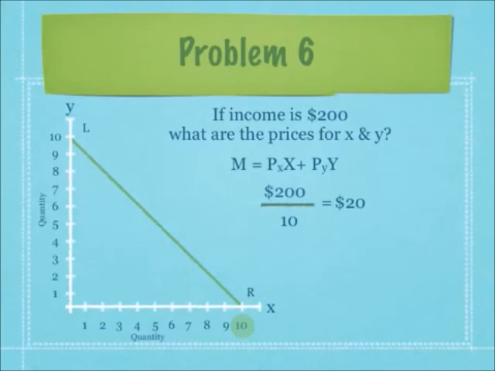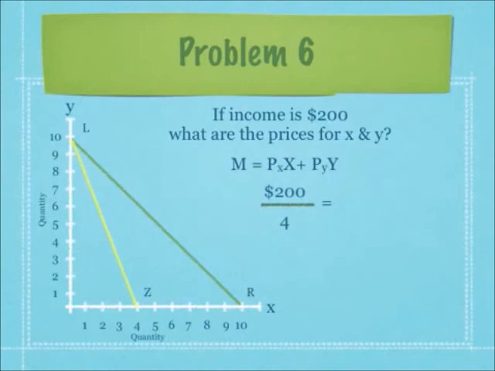Also notice the slope of the line is negative 1. Now if income is still $200, what are the prices for X and Y if we change the line from LR to LZ? So again, that's our equation. We do the same thing. We take $200 divided by 4.